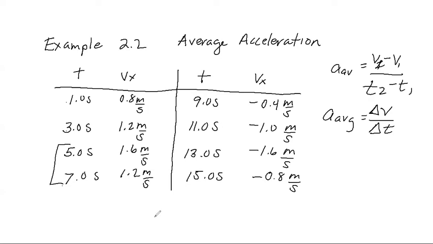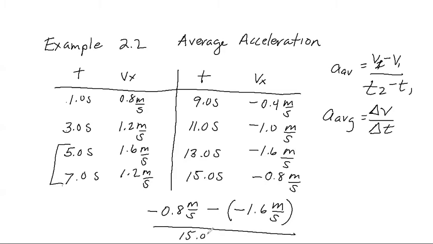And so what we're going to do is negative 0.8 meters per second, that's our final velocity, minus our initial, which would be a negative 1.6 meters per second, divided by 15.0 seconds minus 13.0 seconds. And our value here is going to be 0.4 meters per second squared. Our average acceleration in this interval is 0.4 meters per second squared.